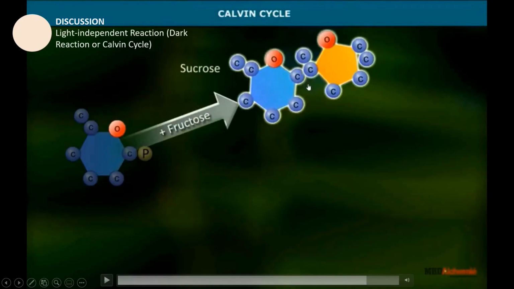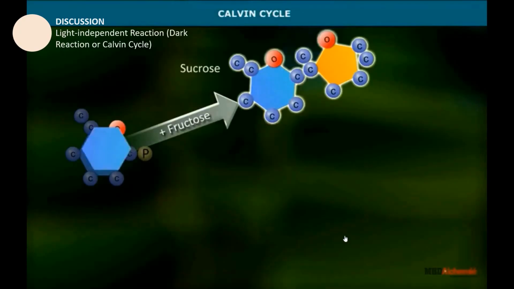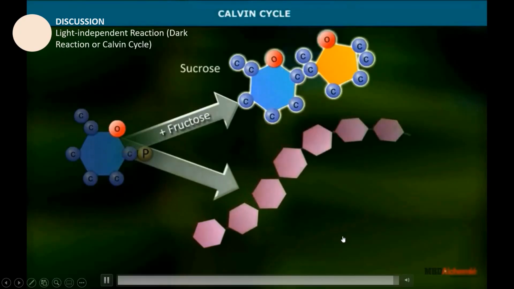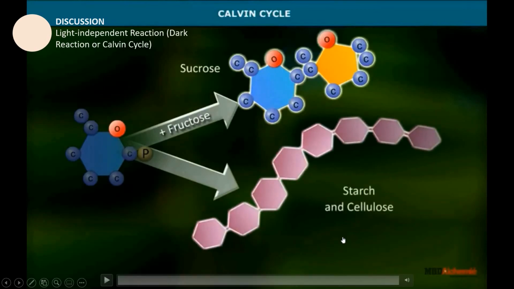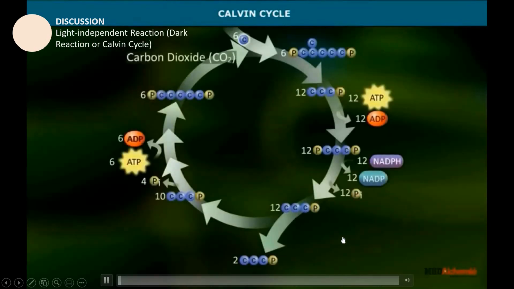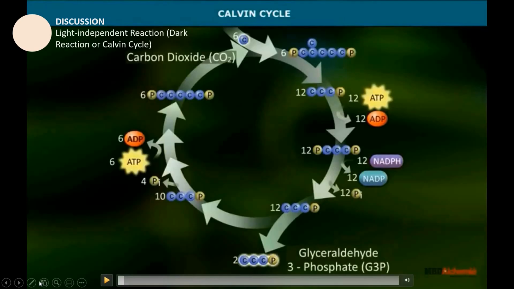Makapag-produce tayo ng sucrose. Remember, glucose plus fructose is equal to sucrose. And tapos ang mga sugars na to, they will be just forming their own chain para magkaroon ng carbohydrate chain. Okay, and that is going to be a really complicated chain because it's starch na.